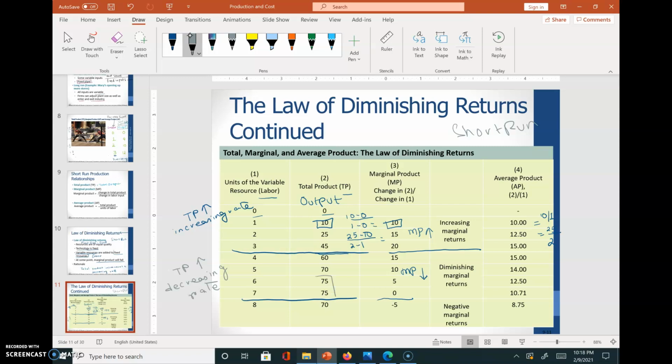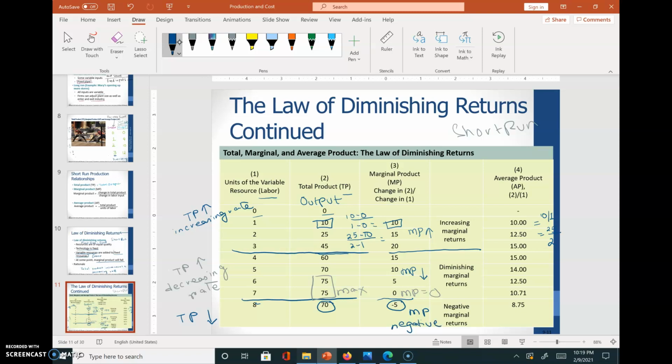Now when total product is at its max, the marginal product is equal to 0. Okay. Now when total product keeps decreasing, down arrow is for decrease, up arrow is for increase, this marginal product is a negative number.